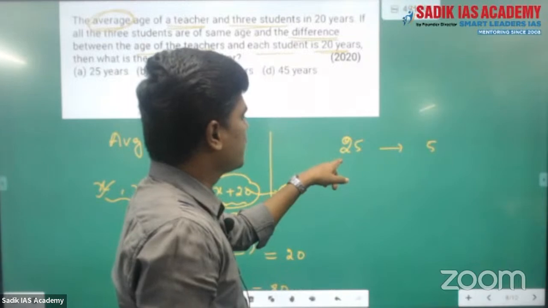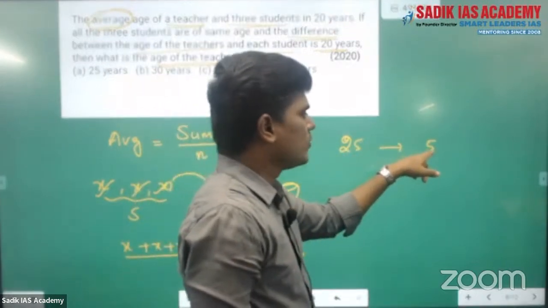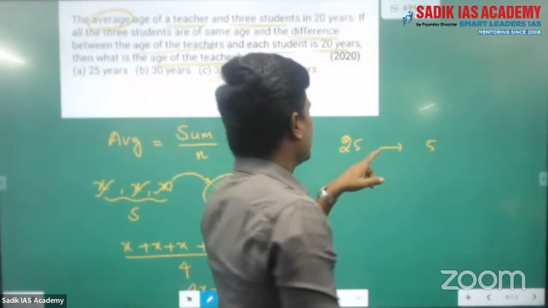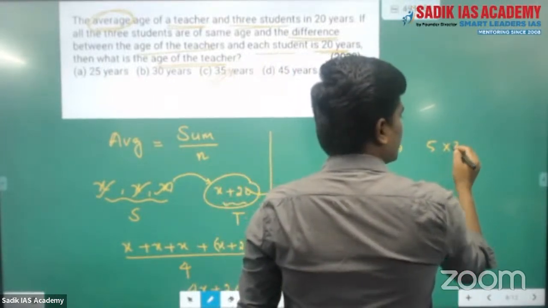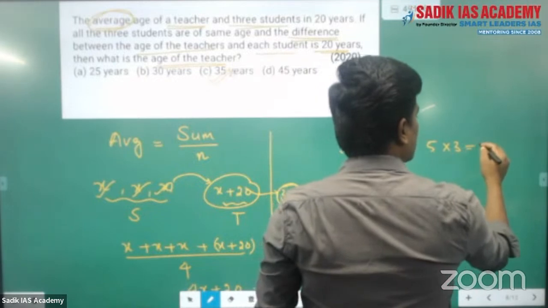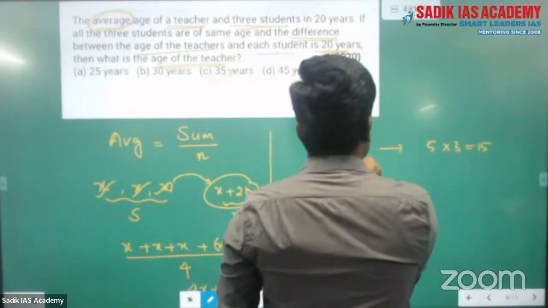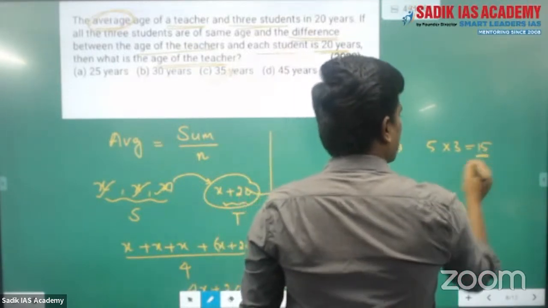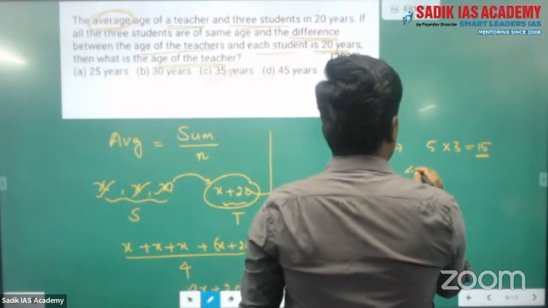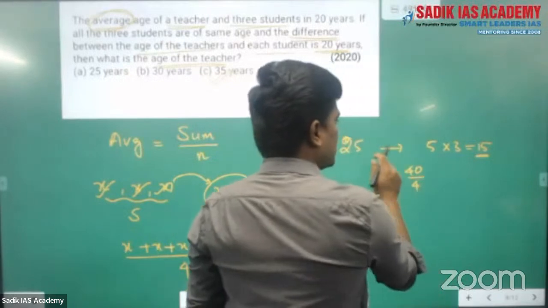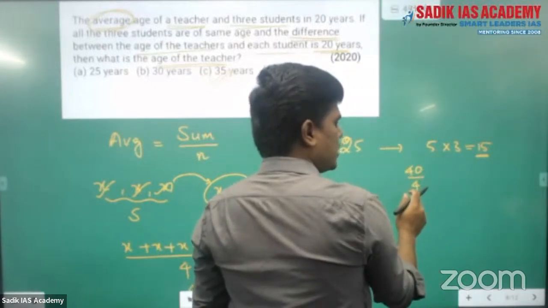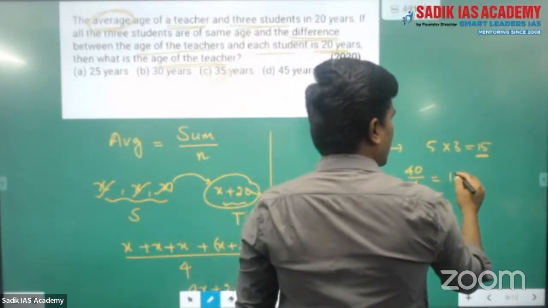The difference needs to be 20 between teacher age and student age. If the teacher is 25 years old, the student needs to be 5 years old. Like that, there are 3 students. 3 students' age is going to be 15. This is the teacher's age, plus 3 students' age. If I add them, I get 40. 40 divided by 4, I'm finding the average.